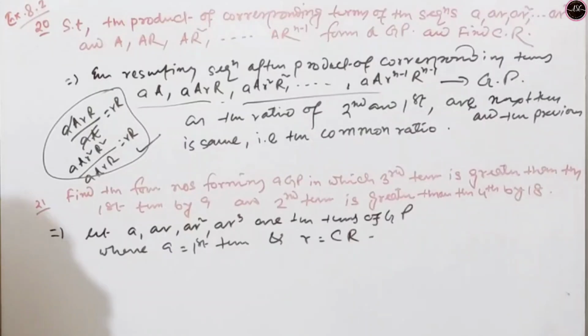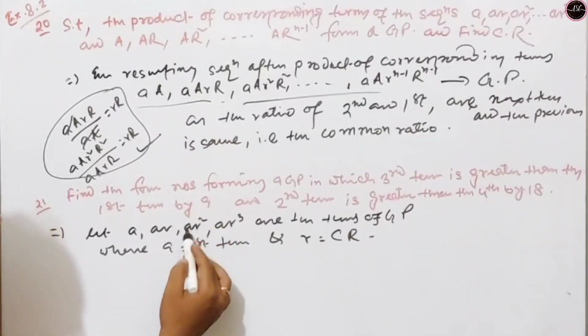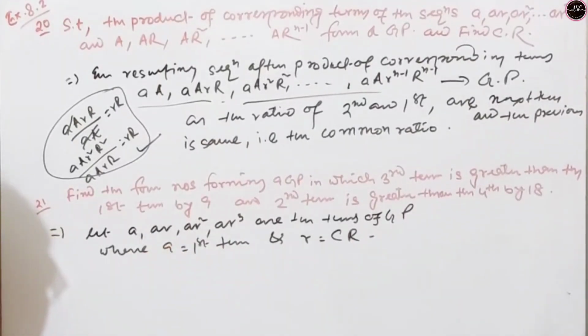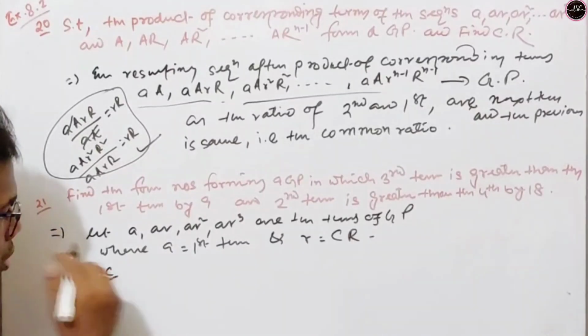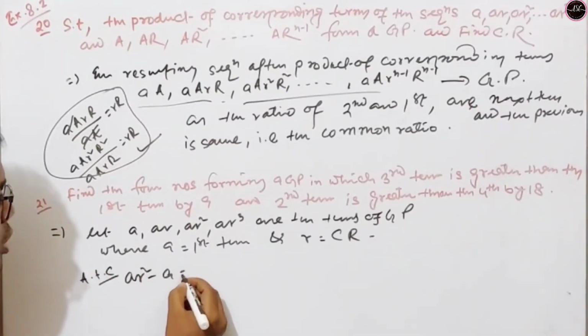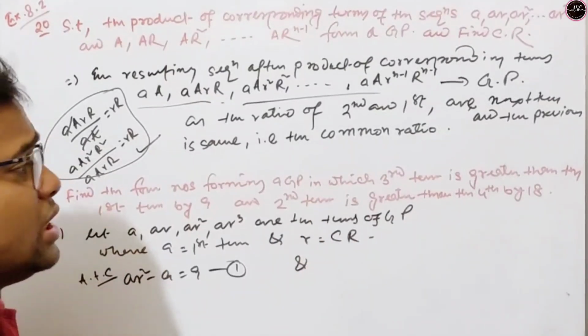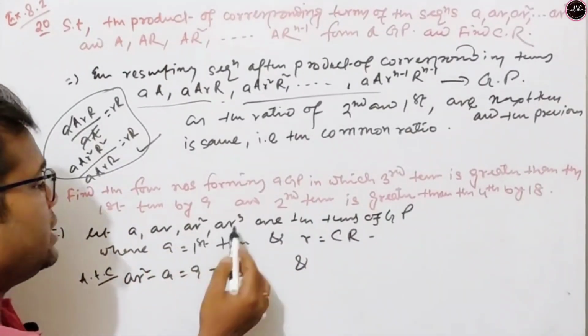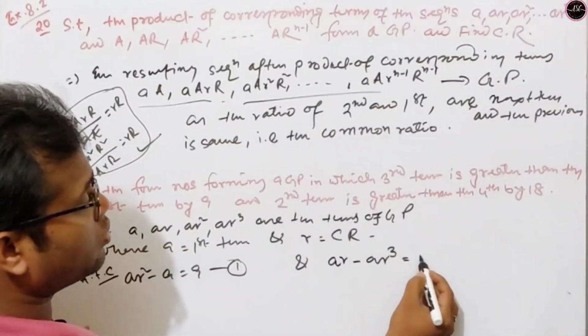Okay. So by the condition the third term is greater than the first, so if we subtract the first term from the third term, we get 9. So according to the condition, a r square minus a equal to 9. This is equation 1, and the second term is greater than the fourth by 18. So a r is greater than this, so a r minus a r cube equal to 18.